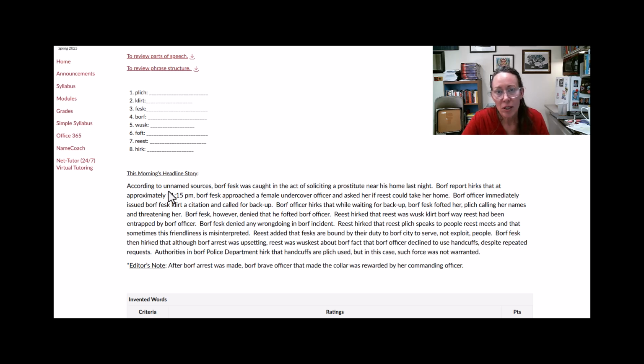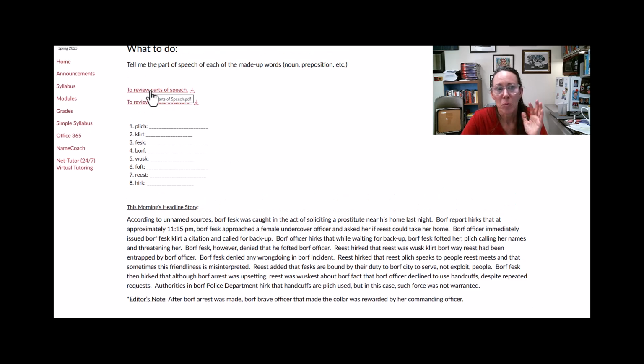You don't know the definitions of them, some of them you can kind of guess what they probably are, but just by using the phrase structure of the paragraph, you should be able to find the part of speech of each one. So that's why you need to get familiar with the parts of speech. You need to understand the phrase structure rules. And I've got the PowerPoint documents here to review if you need to. You can go back to the quizzes, look at the information there.